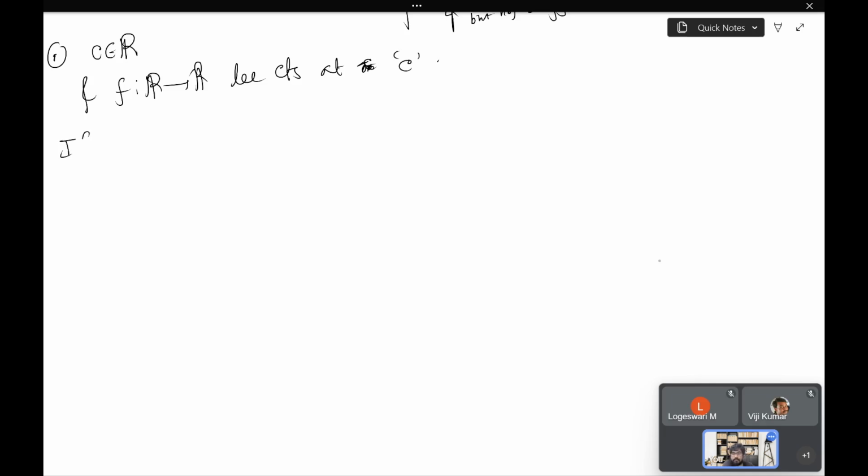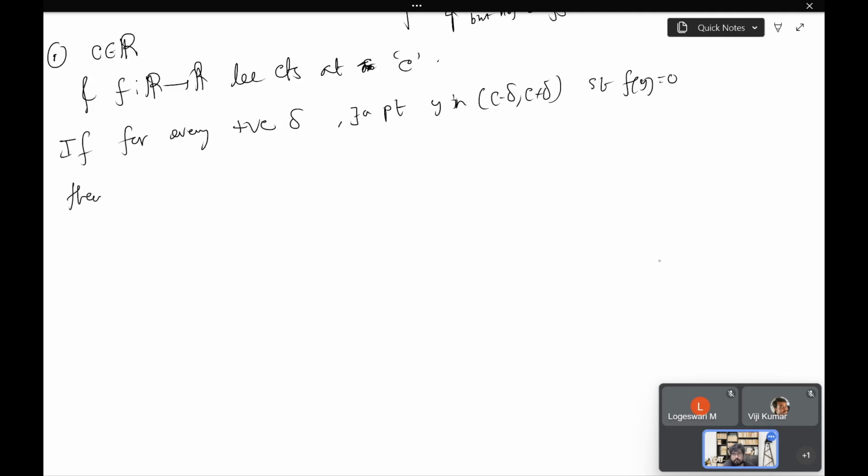Given that for every positive delta, there exists a point y in the interval (c minus delta, c plus delta) such that f(y) equals 0, show that f(c) equals 0.